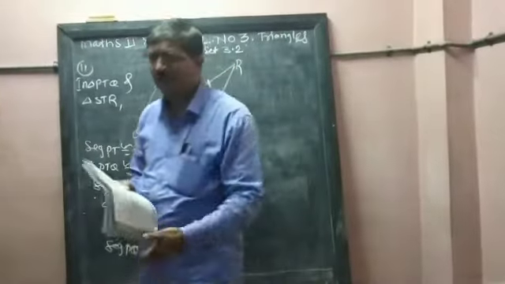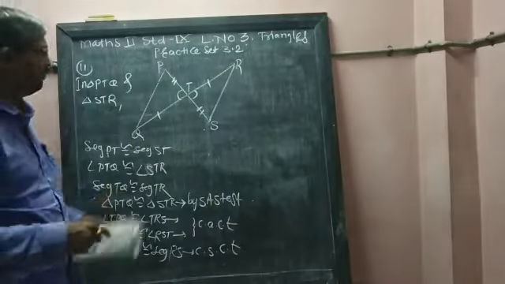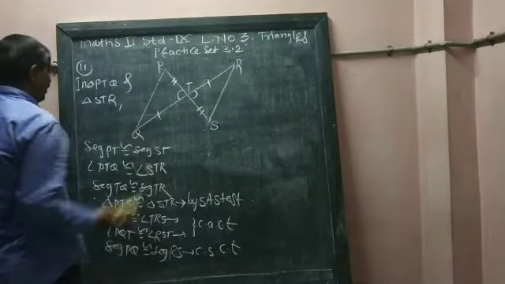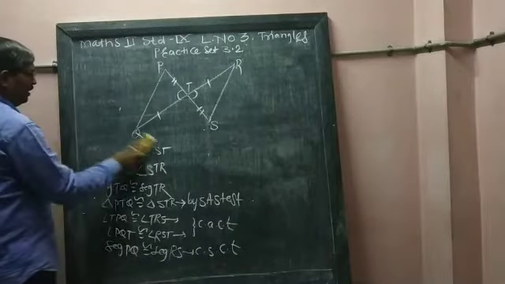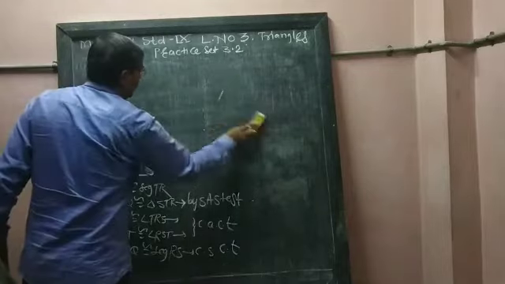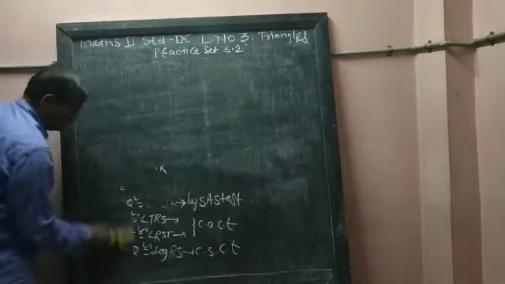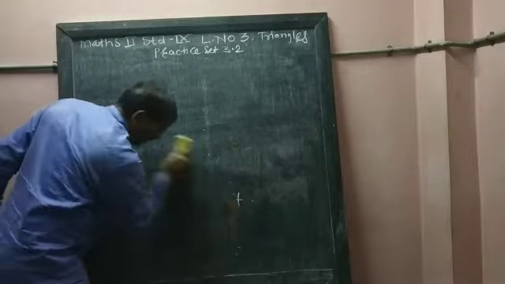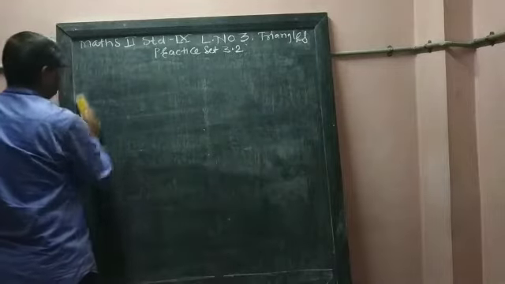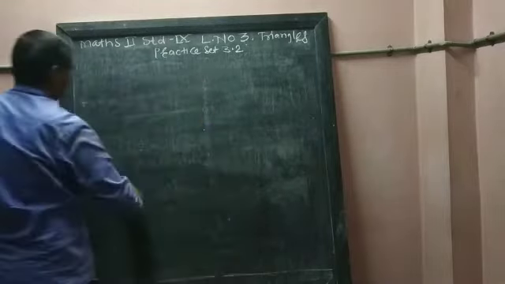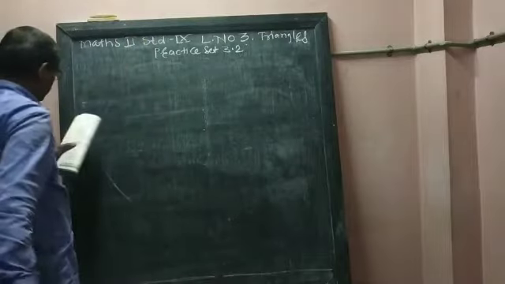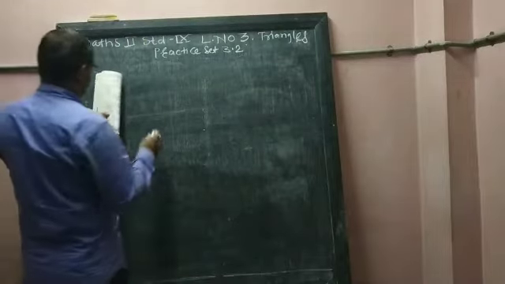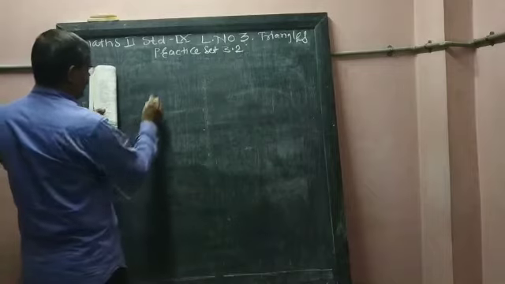Now we will enter into question number 3. Be ready and draw the diagram of question number 3. In a similar way you can find the answer to question number 3 also. Now in question number 3 two diagrams are mentioned.